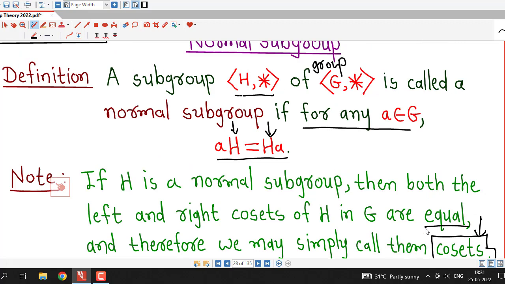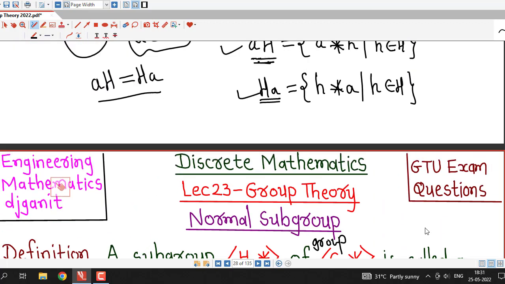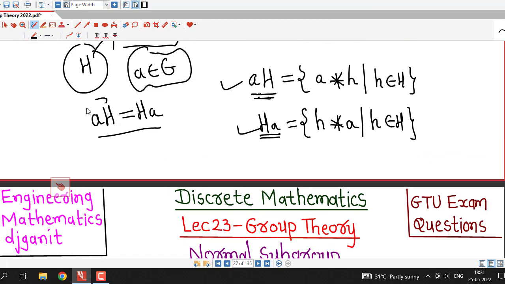We can have an equivalent definition of normal subgroup also. Instead of this, we can write another definition for normal subgroup. Suppose I multiply on the right-hand side by the inverse of element a, because a is an element of G, so a inverse exists.